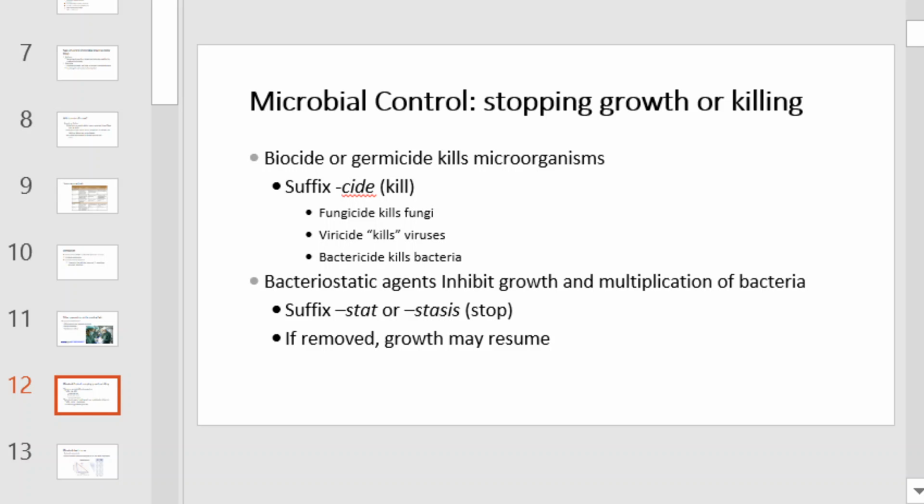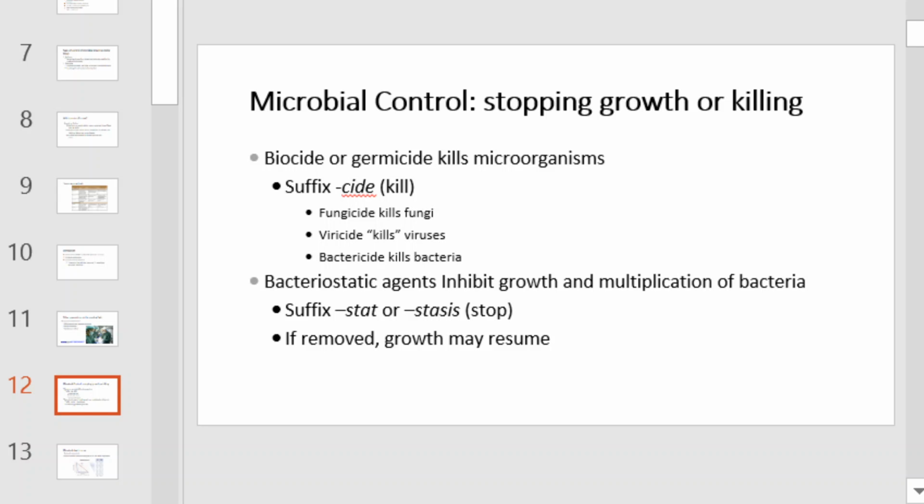Microbial control, or stopping growth or killing microbes. Two terms should be studied when considering microbial controls. First is a biocide or germicide, and second, bacteriostatic. Biocides or germicides kill microorganisms. Fungicides kill fungus, virucides kill viruses, and bactericides kill bacteria.